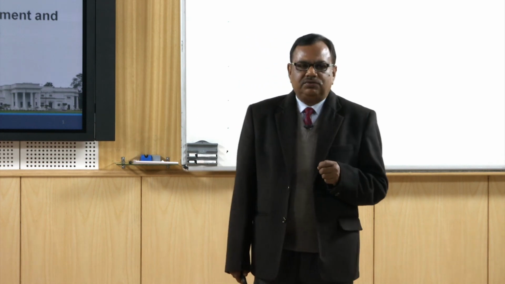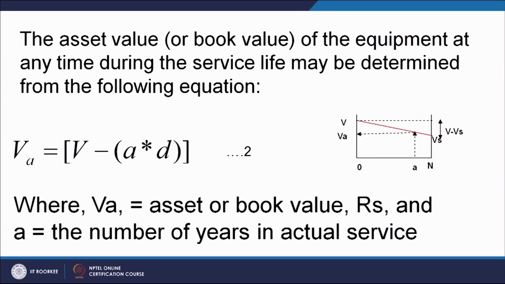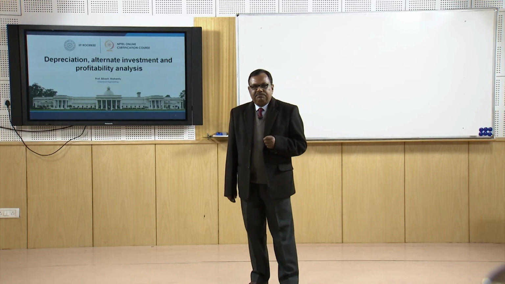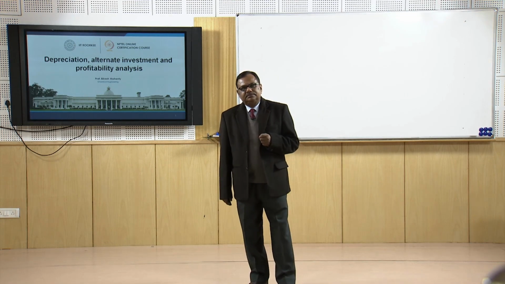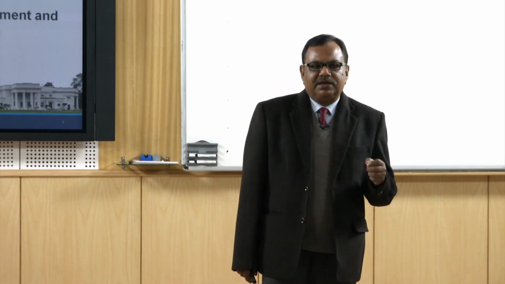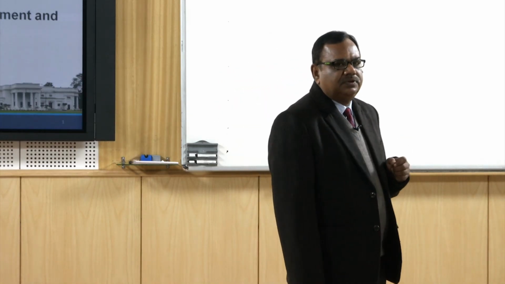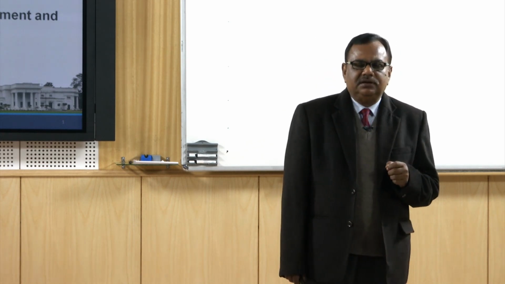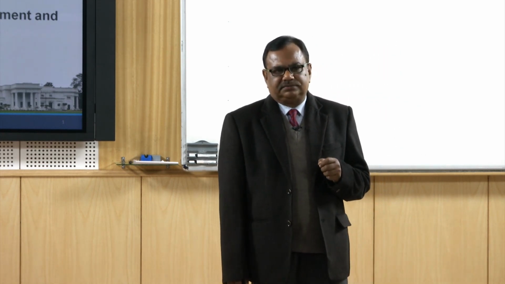Where VA is the asset or book value in rupees and A is the number of years in actual service. Because of its simplicity, the straight line method is widely used for determining depreciation cost.